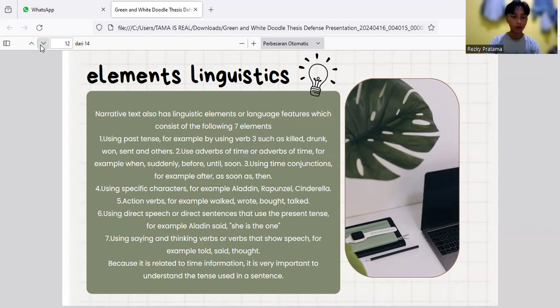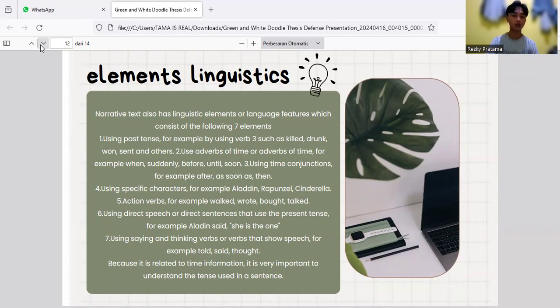Number five is action verbs. For example, walk, wrote, talk. In narrative text, you will find many action verbs to describe the story.